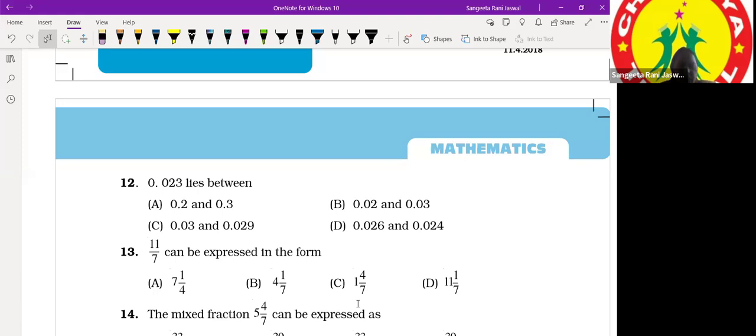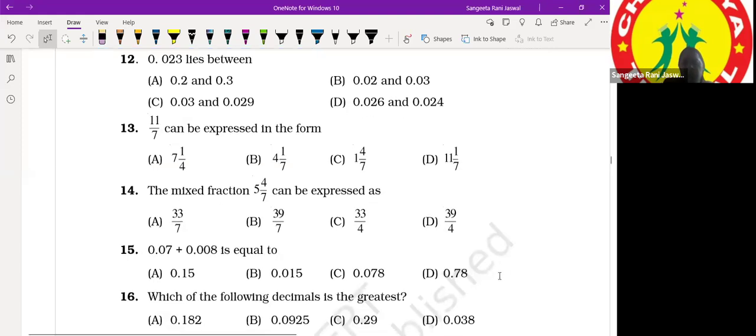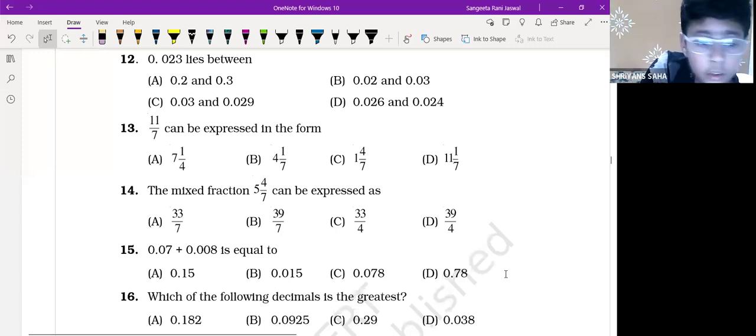Okay, next is 11 by 7 can be expressed in the form. Now check out the mixed fraction form of 11 by 7. Yes, ma'am, 1 4/7.